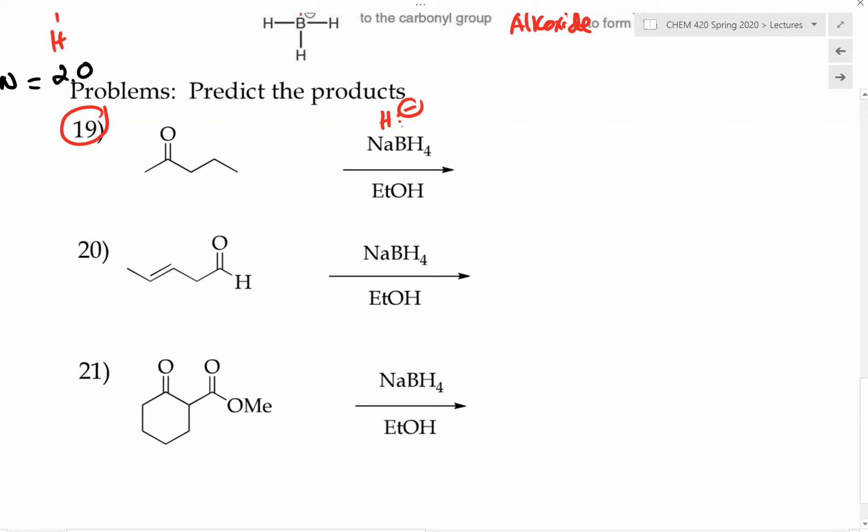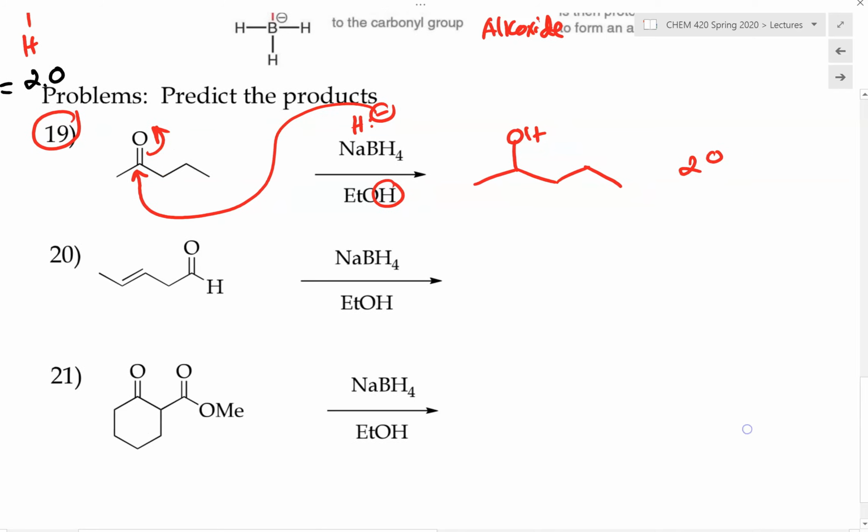The function of the hydride in all of these reactions is nucleophilic. So it will come in and attack the electrophilic carbon, breaking this up and producing the alkoxide. The alkoxide then picks up the proton from the polar protic solvent. So in the end, this is the product of this reaction, our secondary alcohol.